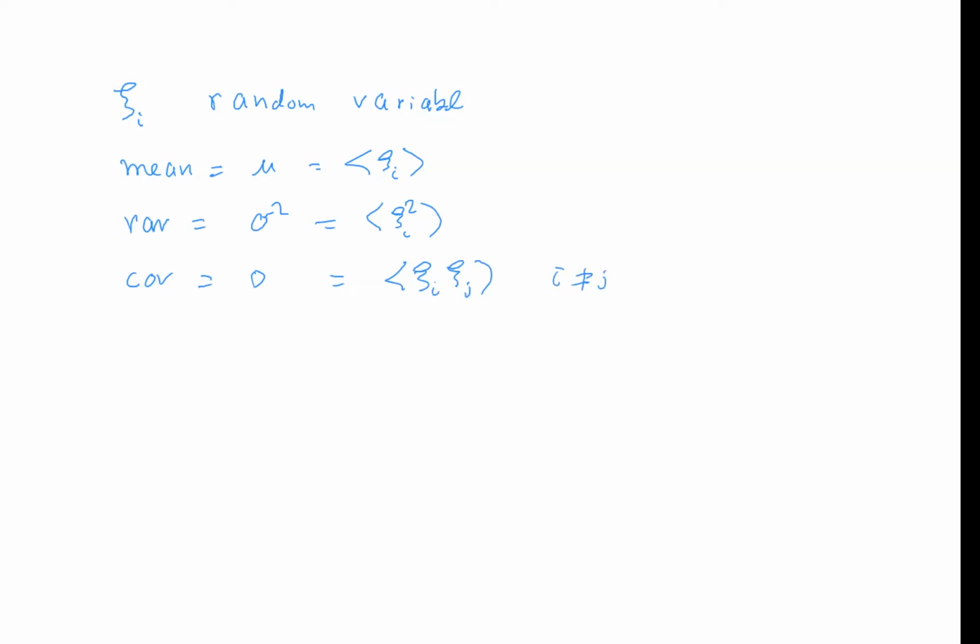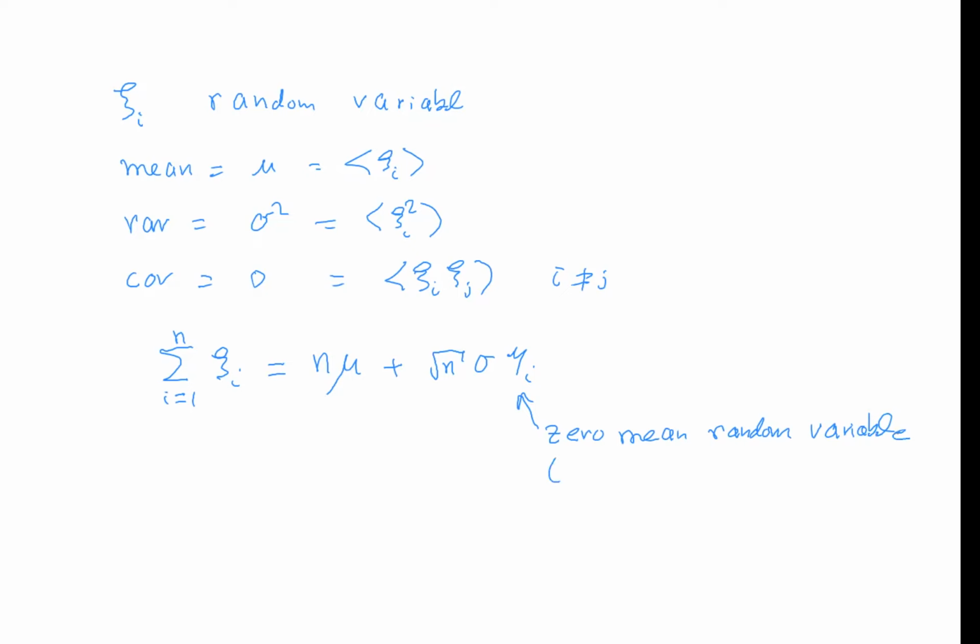Then the sum over i equals 1 to n of squiggle i is approximately equal to n mu plus the square root of n times sigma times some zero-mean random variable. And it's Gaussian if n is large.